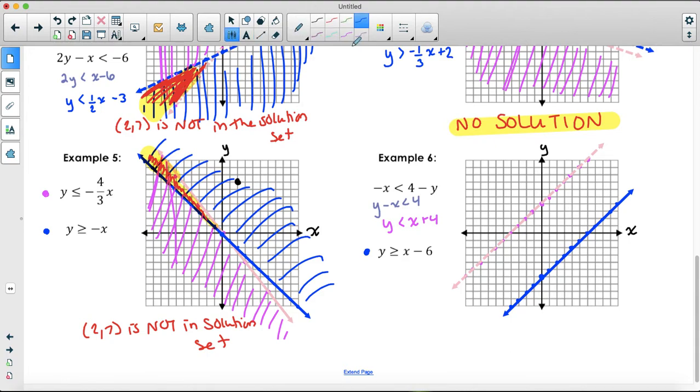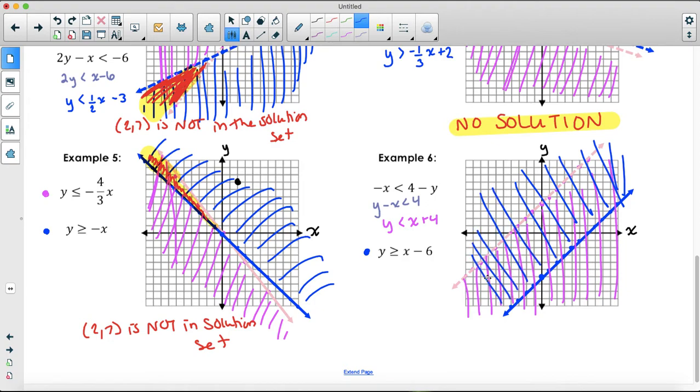And now let's shade. So for the pink, we wanted it less than. So it's going to come underneath the pink. All of that underneath the pink. So it's already hitting the blue, so there should be a solution. The blue is greater than or equal to, so everything above the blue, all the way along.